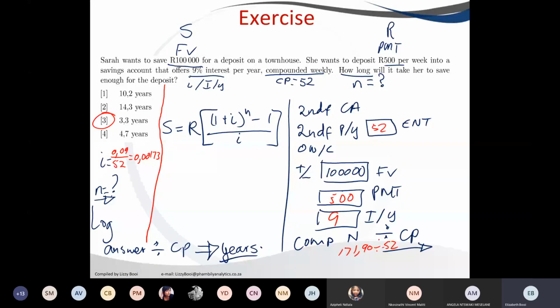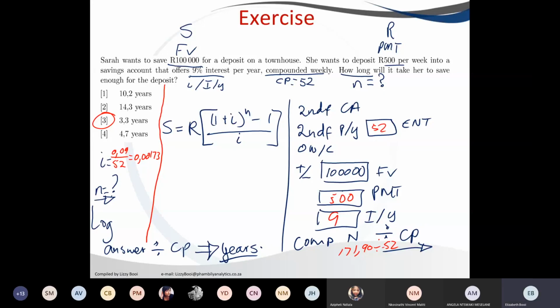If your answers are in months and your compounding periods was monthly, then the answer you get is the answer you get. If the answer is in years, but the compounding periods was monthly, you will need to divide by the compounding periods. If the answers are in quarters and your compounding period was quarters, then you do nothing.